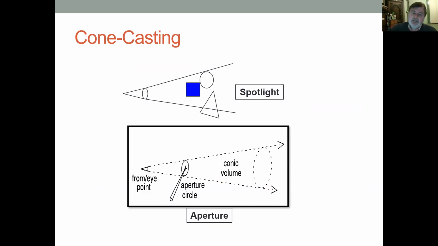I'm not going to talk too much about the end ones. So cone casting: if we want a laser pointer but want to change its size, so that when it gets farther away it's not a small dot but a larger area, we can have a flashlight or cone come out from where we are.